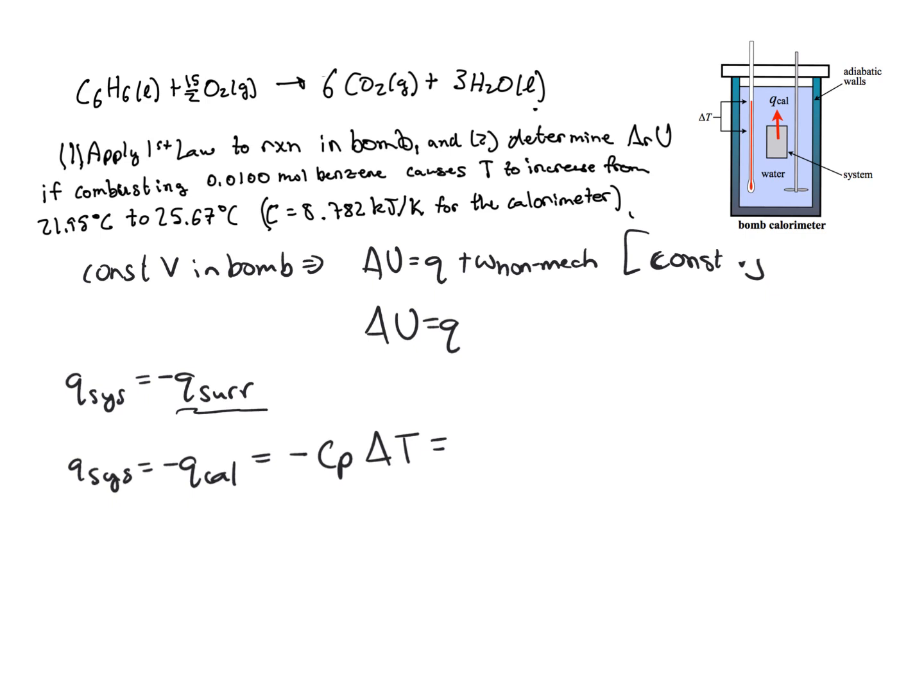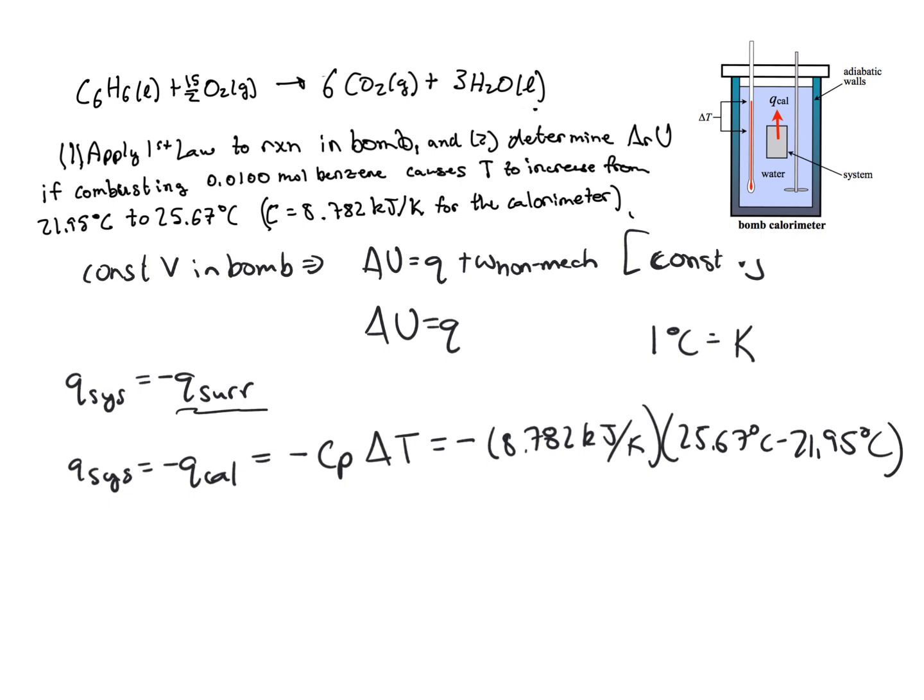So we have negative 8.782 kilojoules per Kelvin times 25.67 minus 21.95. Again, 1 degree Celsius is equal to 1 Kelvin when we're talking about changes in temperature. So this is also the change in temperature in Kelvin. Sometimes people get tripped up about those units canceling, but they will cancel.